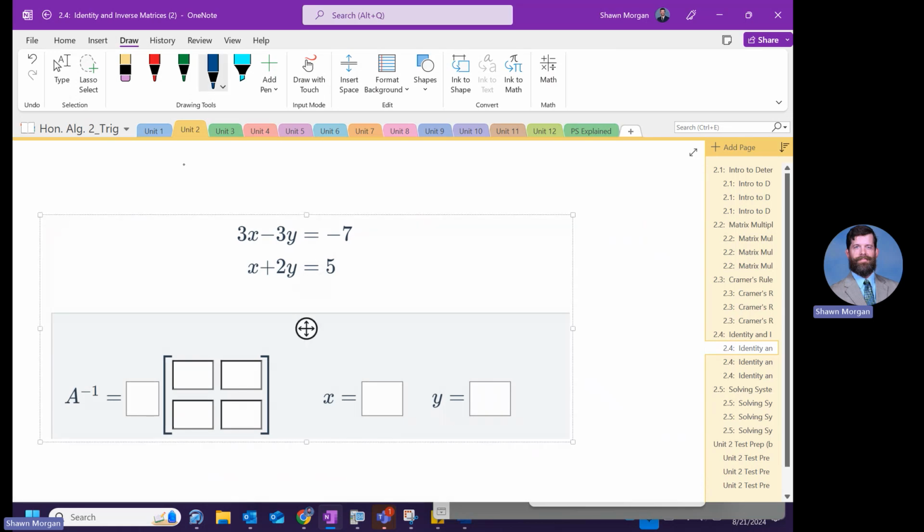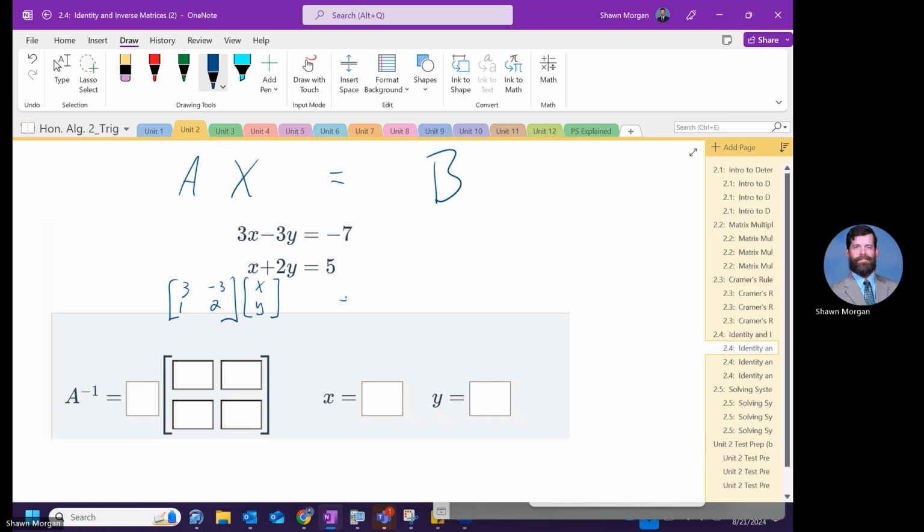All right, so we're going to have A times X equals B, right? What's my A? My A is just a snapshot of that left-hand side: 3, negative 3, 1, 2. X is just X, Y, and B is just negative 7, 5. I'm going to make sure they understand how that works.